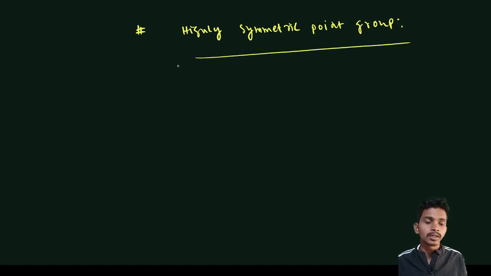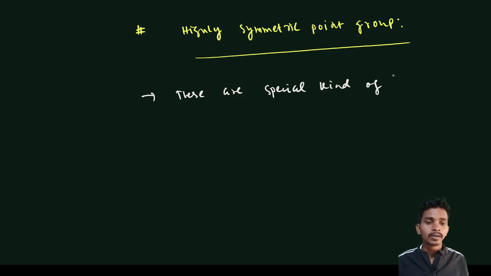In these highly symmetric point groups, these are a special kind of point group. Why?